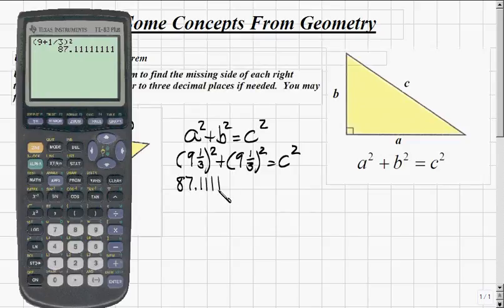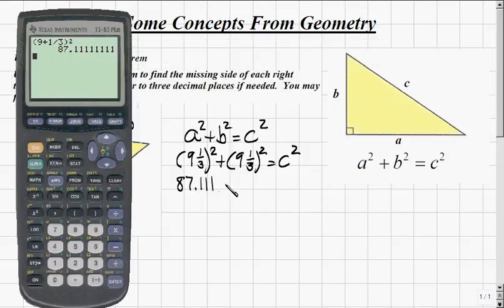Actually, let's write it to 3 decimal places. 87.111 plus, since 9 1/3 squared again becomes the same answer, we'll write that again, 87.111, equals c squared.